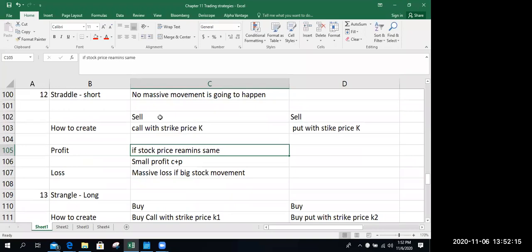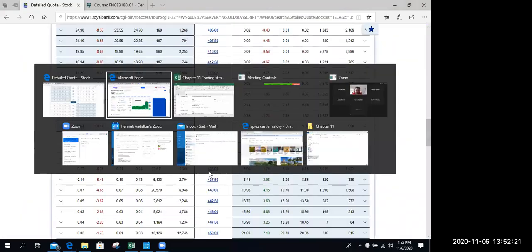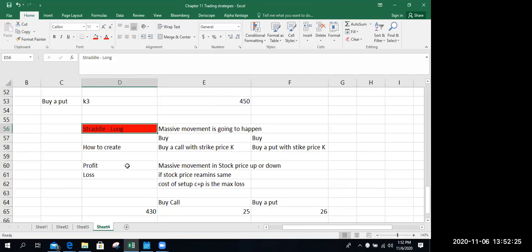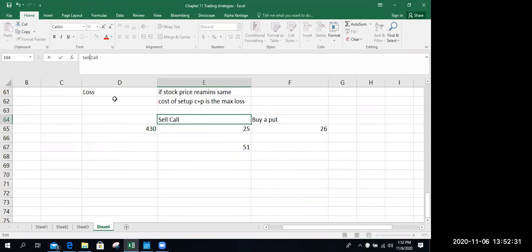What's a short straddle? You sell a call option and you sell a put option at the same strike price. So instead of buying, this was a long straddle. In a short straddle, you sell. So instead of buy, you will say sell a call and sell a put.